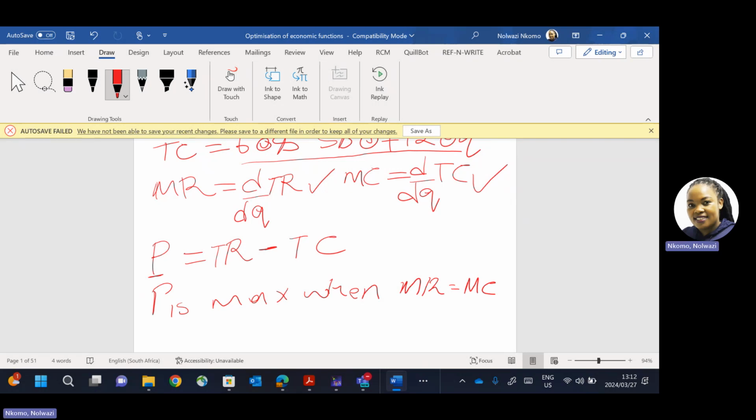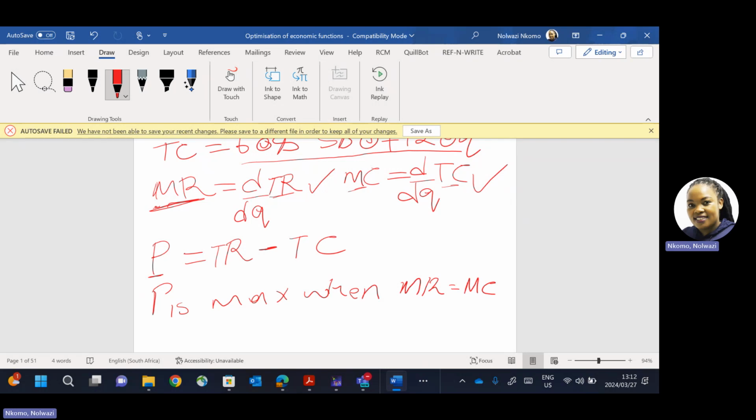Remember, they said we should use differentiation and then use the marginal revenue as well as the marginal cost. From the previous session, the marginal revenue is the derivative of the total revenue, and the marginal cost is the derivative of the total cost.